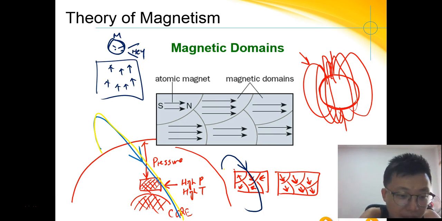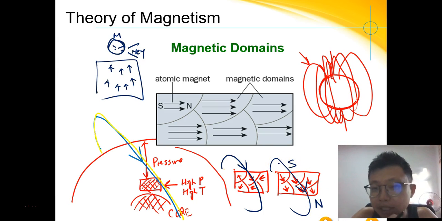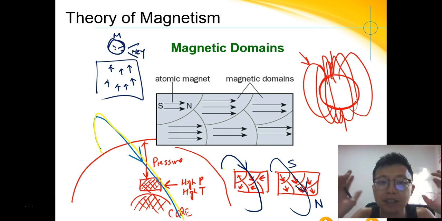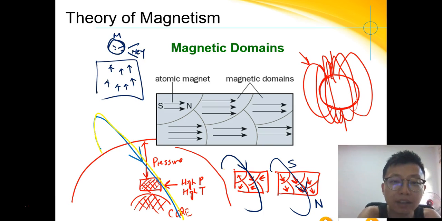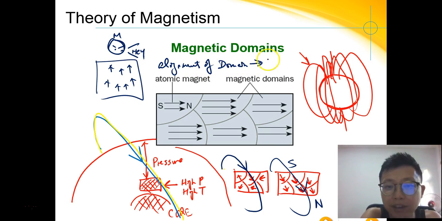And when this condition is fulfilled, then you will have a magnet that has north here and south here. So that is how a magnet forms, and you need to understand the scientific model that we use to explain how magnetism arises. Basically, it is the alignment of domains in a single direction. So if you have an alignment of these magnetic domains, you can give rise to magnetism.